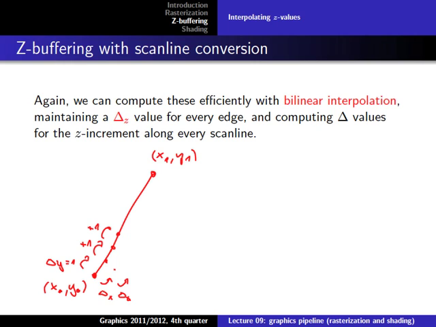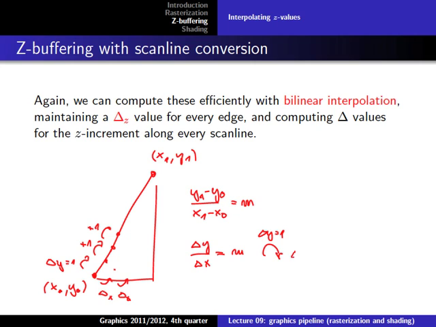This delta x, delta y we got by taking the slope, which is y1 minus y0 divided by x1 minus x0. That is our slope, I think we used the letter m. And then if we set this delta y to 1, then delta y divided by delta x equals m. Now, if delta y is 1, then delta x is 1 divided by m.